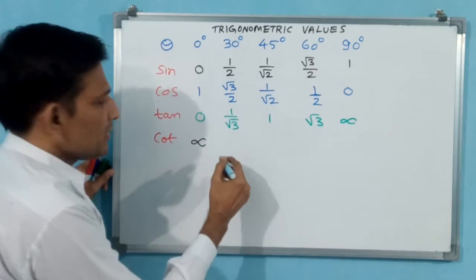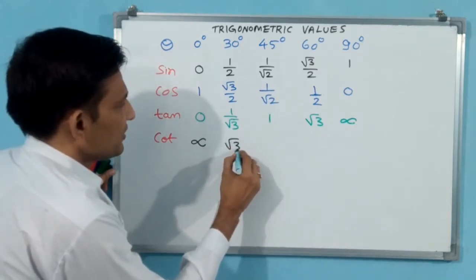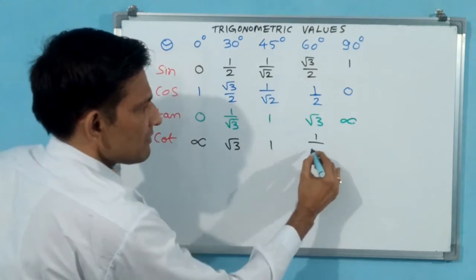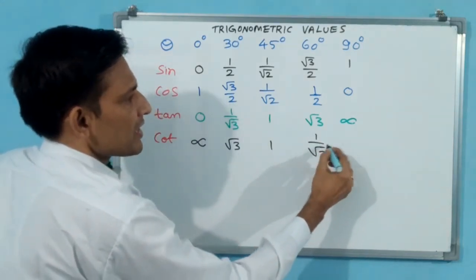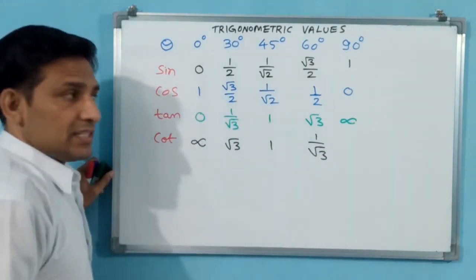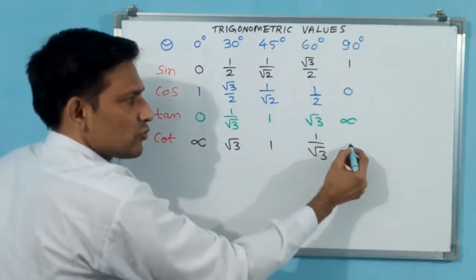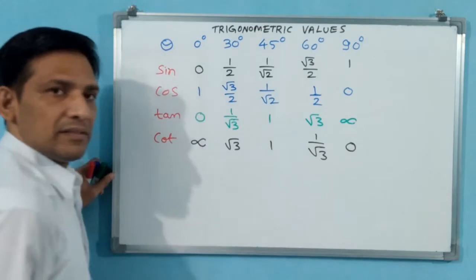Then 1 by root 3, 1 by 1 which is 1, and 1 by root 3. Now 1 by infinity: when you have taken 1 by 0 as infinity, then 1 by infinity has to be taken as 0 only.